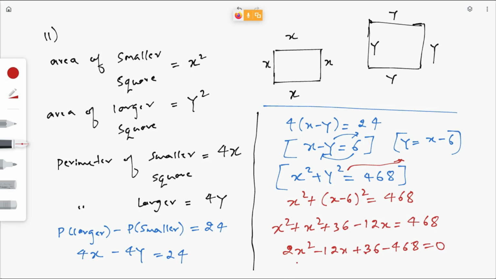Now simplify: 2x square minus 12x minus 432 is equal to 0. Take 2 common: x square minus 6x minus 216 is equal to 0. Now solve this one.